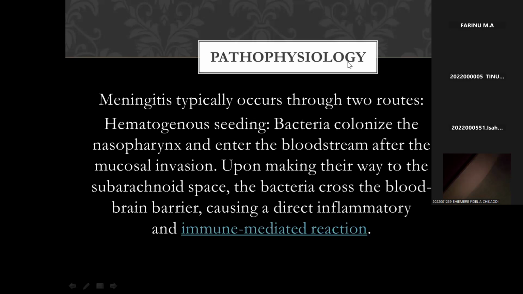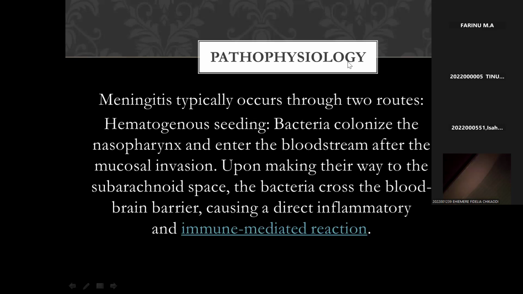Thank you. So they find their way to the what? To the subarachnoid space. And then they cross the blood-brain barrier. When it crosses the blood-brain barrier, it causes a direct inflammatory response. There is a way our body defends us, like a normal protective mechanism.